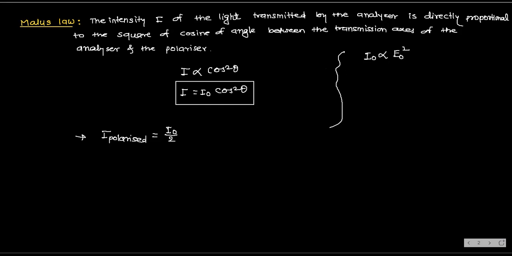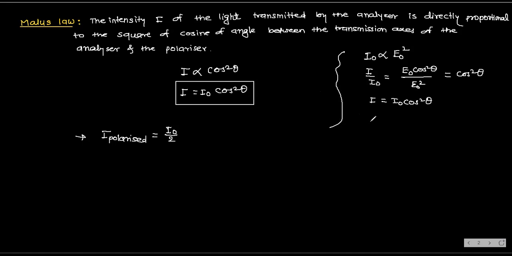We have learned this, and therefore I by I naught is equal to E naught cos square theta divided by E naught square. That is equal to cos square theta, and therefore you are getting I is equal to I naught cos square theta.